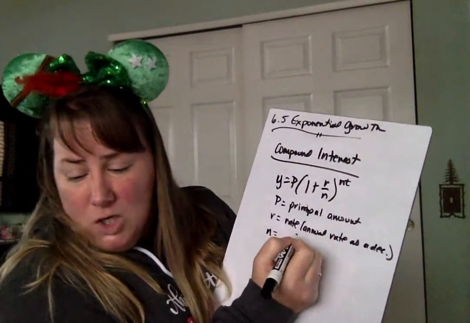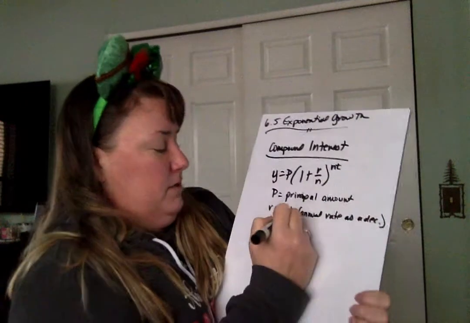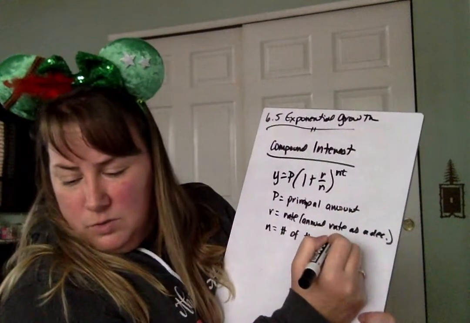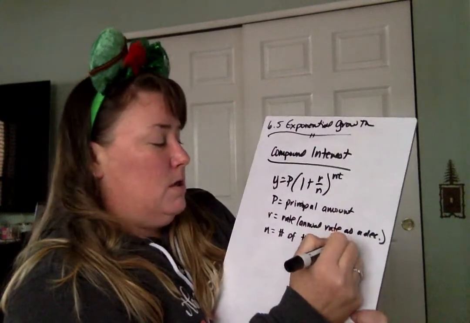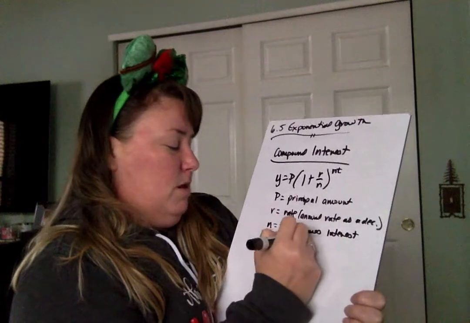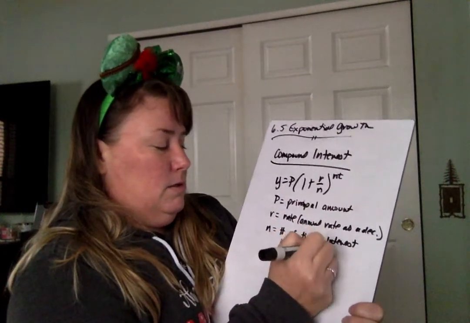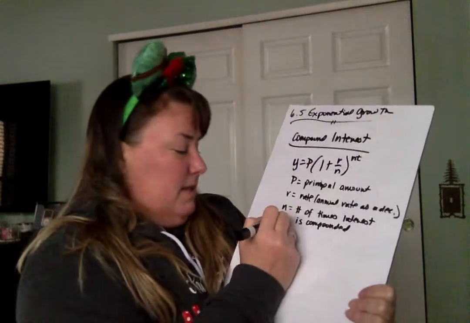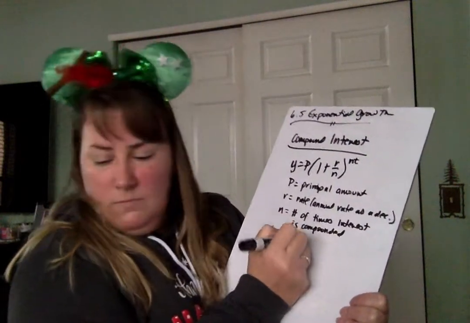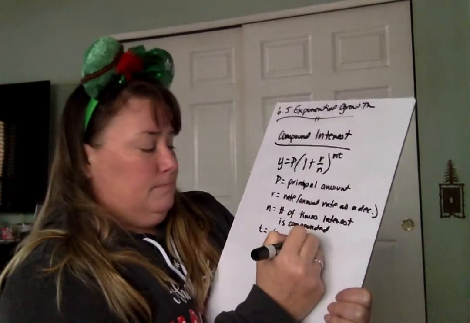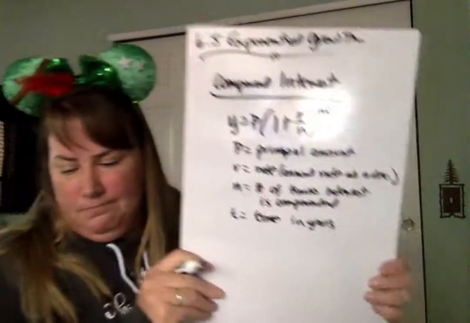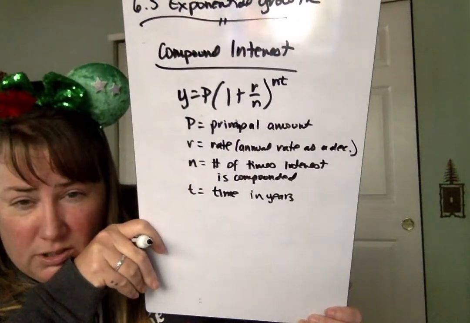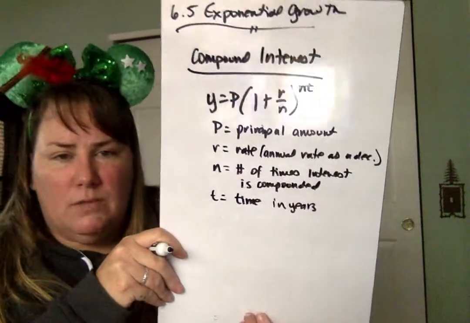N is the number of times interest is compounded. T is time, in years. I think I got them all. P, R, T, N. Yep. Looks good.